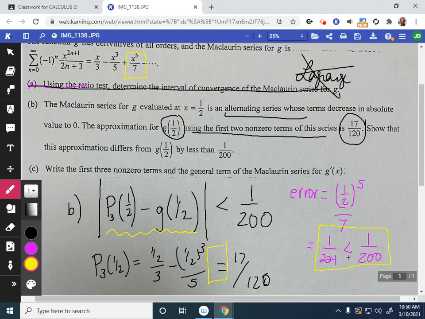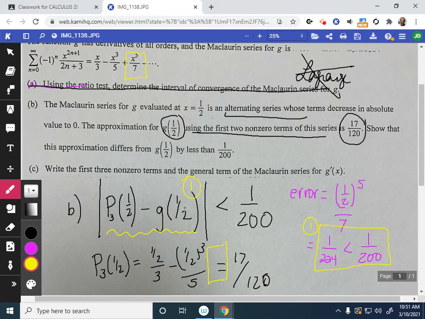My denominator's a little bit bigger, so my fraction's a little bit smaller. That particular question was a 2-point question. They wanted you first to maybe write or understand that you're finding error. So nowhere did it say find the error. That's kind of what they want you to do. And then 1 point for actually finding that number of 1 over 224. So it is what it is.